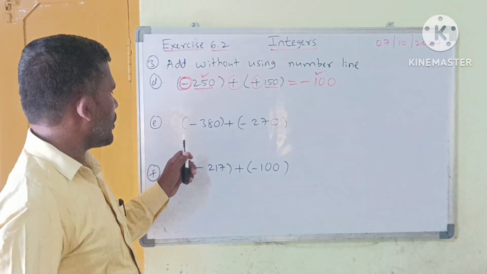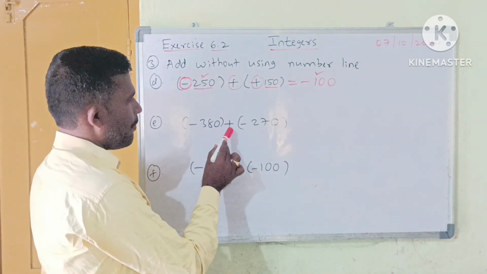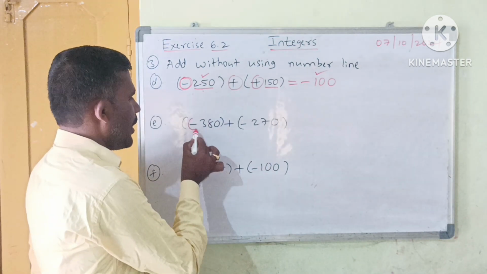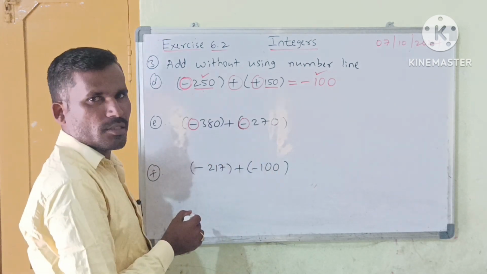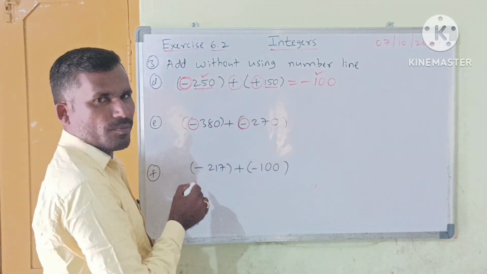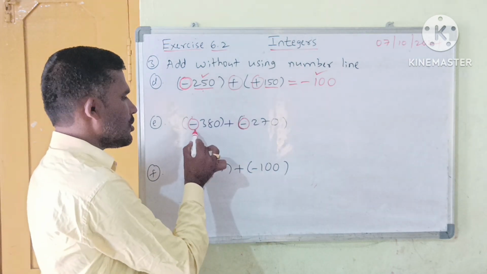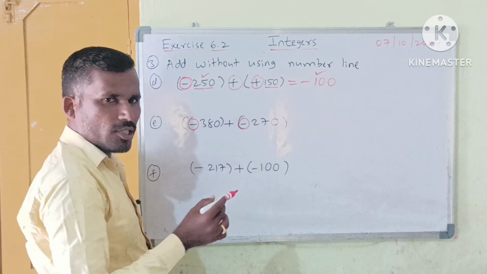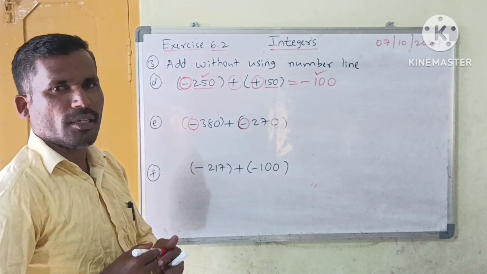Next, E. Minus 380 plus minus 270. Here minus, here also minus. Both are negative. When you have the same sign, plus or minus, you just have to add the two integers.